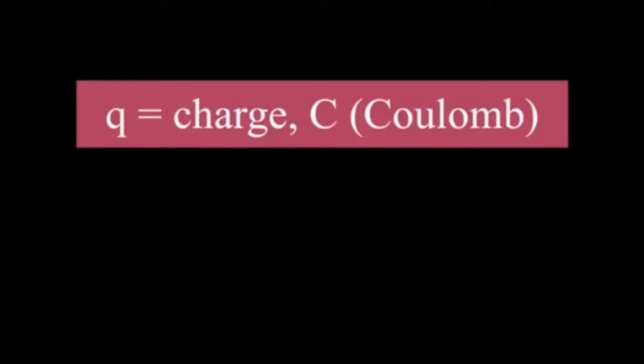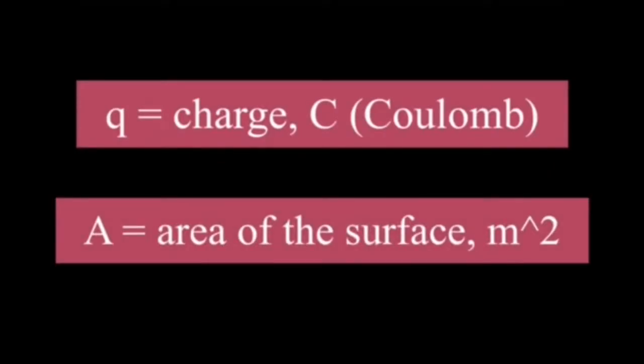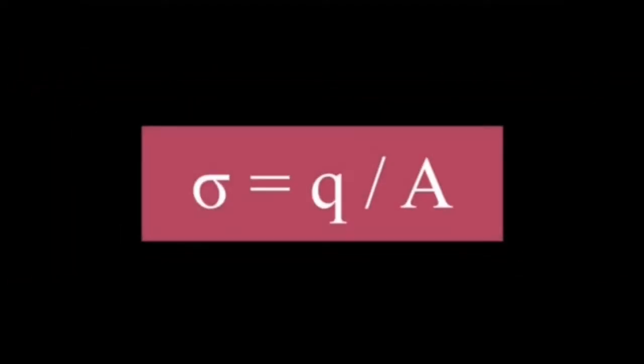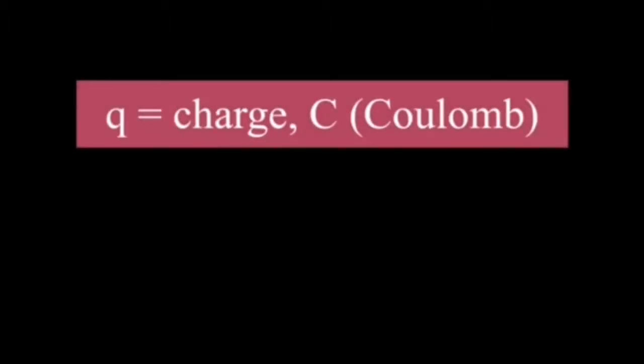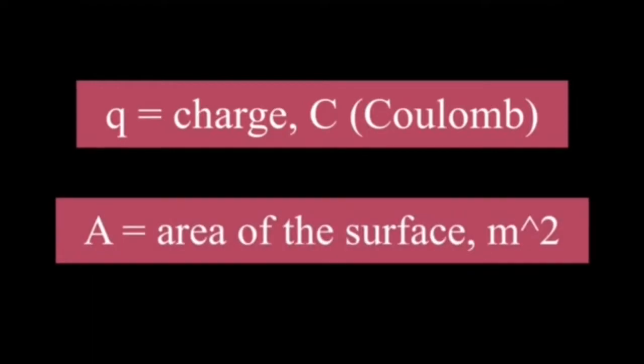If Q is the charge and A is the area of the surface, then the surface charge density is given by sigma equals Q over A. The unit of charge is coulomb, C, and the unit for area is meter squared. So the SI unit of surface charge density is coulomb per meter squared.